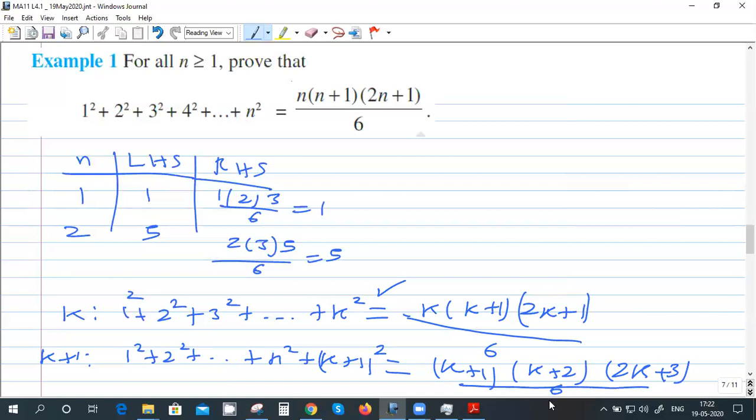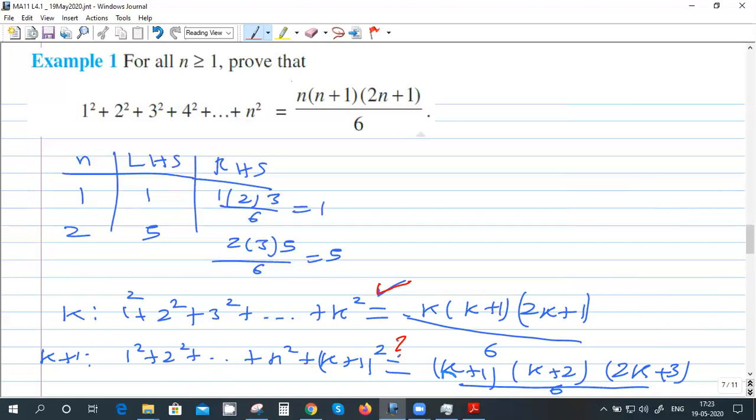This I have to prove. This is a question mark. Okay, it's not a proof. This one is given, I'm assuming this is true. So using this kth statement, can I prove the statement for k plus 1?